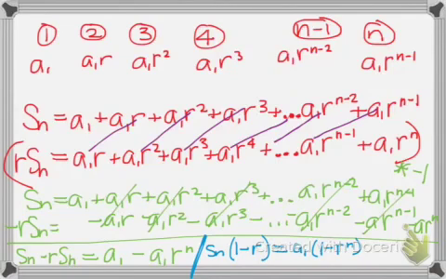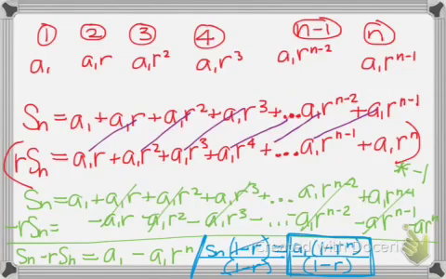And then to solve for s sub n, because we're trying to find a formula for the sum of the series, we divide by 1 minus r. So our formula becomes s sub n equals a sub 1 times 1 minus r to the nth power, divided by 1 minus r.